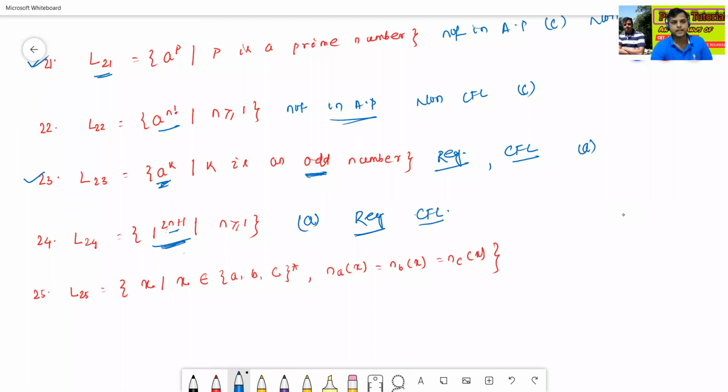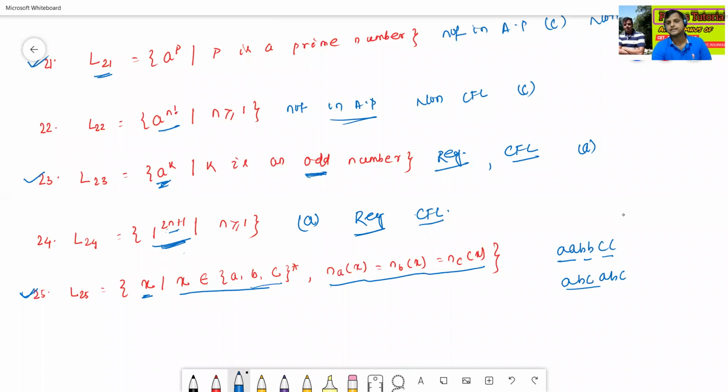Next, language 25: x is such that x belongs to (A, B, C) whole star, where the number of A's equals the number of B's equals the number of C's. For example, we can take double A, double B, double C, or ABC, ABC.